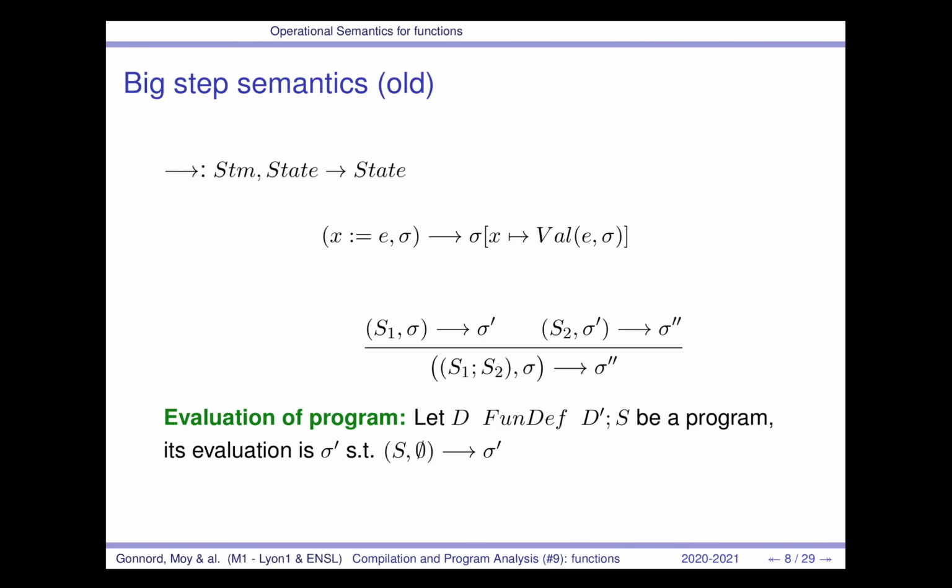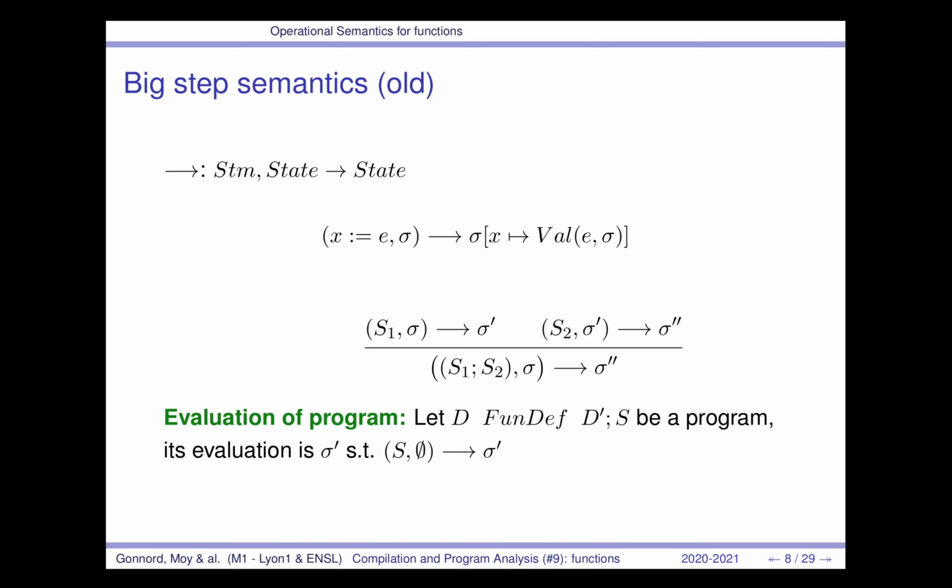Before jumping into the semantics of functions, I'll just recall the big step semantics. I'll try to spend not too much time, but a bit of time to be sure that we all recall the previous semantics, and there's no doubt about that. So this is a big step. Remember, the big step semantics is something that evaluates a whole program in one step.